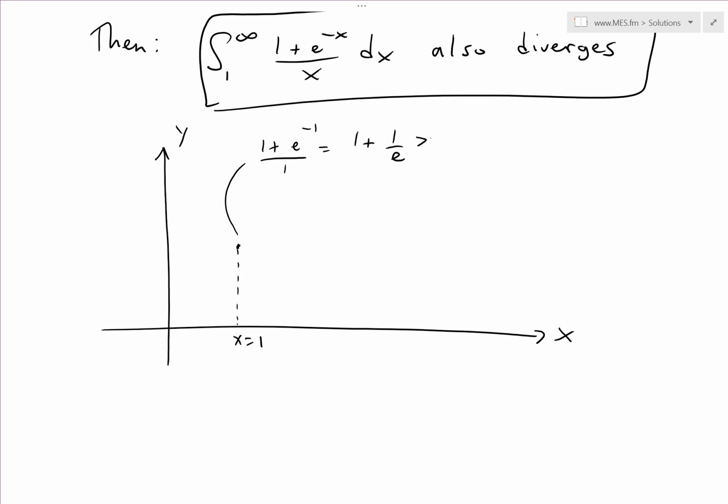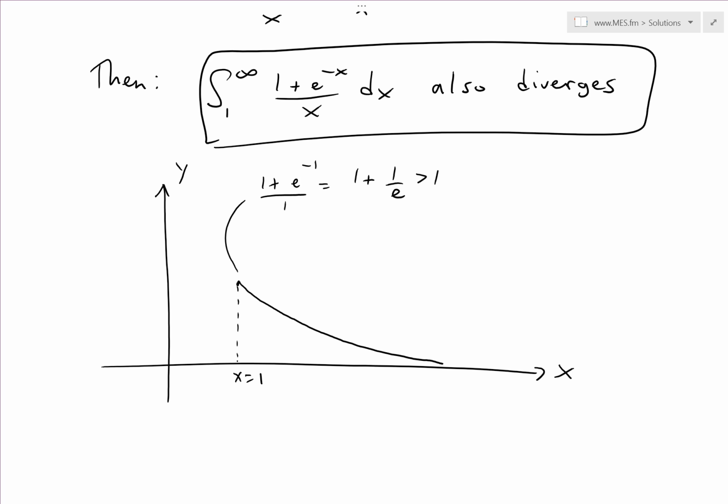So this is going to be greater than 1, so I'll just put it somewhere over here. I don't need to calculate it. And it goes to 0 as you go to infinity, as you put a bigger and bigger number. I'll just draw it a bit further out like this. And this is the y equals (1 plus e to the negative x) over x function.